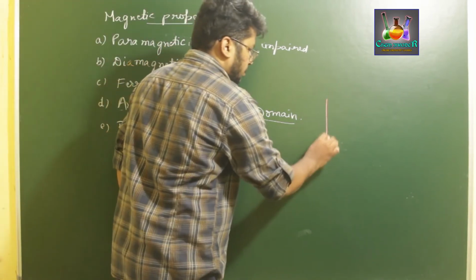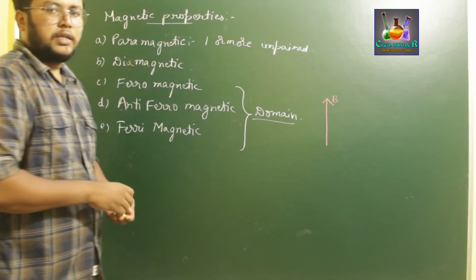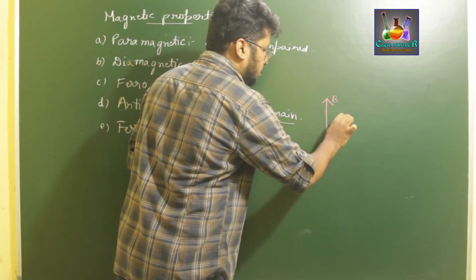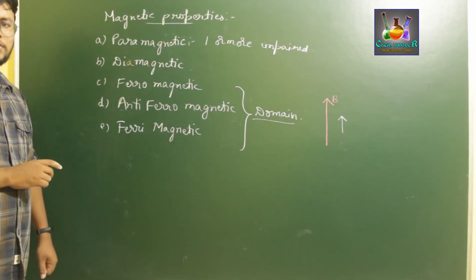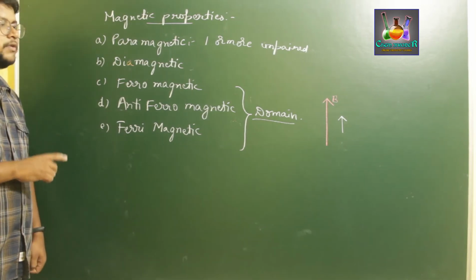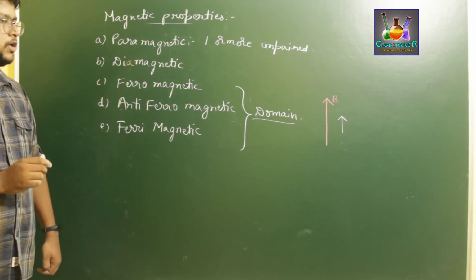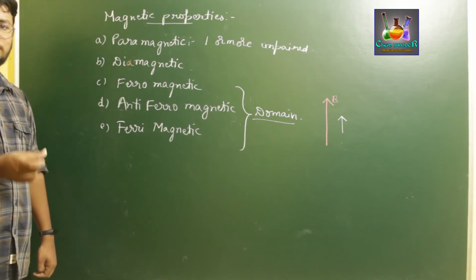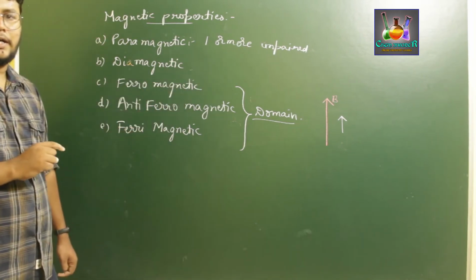If you consider this as the direction of the magnetic field, the unpaired electrons of paramagnetic substances will align in the same direction as the applied magnetic field. Hence they are weakly attracted. They are not completely attracted towards the magnetic field, but just slightly attracted, because of the presence of one or more unpaired electrons.